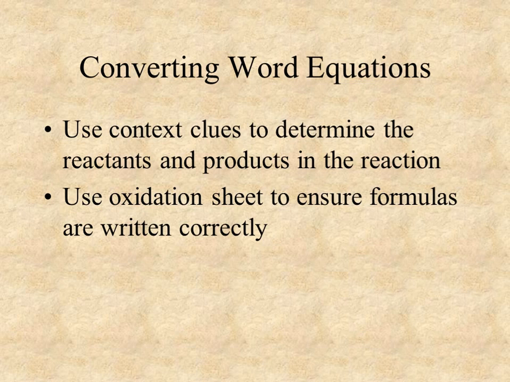Once we've determined what our reactants and products are, then we need to make sure that we write their formulas correctly. Oftentimes this is going to involve us looking up their charges if it's something that's ionic, checking if those charges don't cancel out immediately, using either the algebraic method or the crisscross method to get the proper ratio of elements. If it's molecular in nature, we use the prefixes to help us get the proper subscripts.